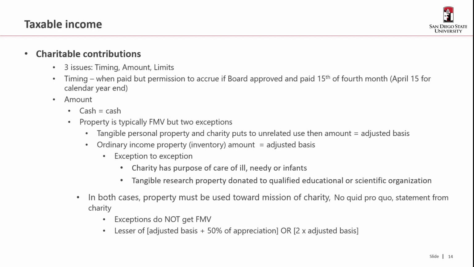So I give it to you, and as a result, you do my research, or I give it to you, and as a result, you promote my products. As long as that's not the case, then they don't get fair market value. Instead, they get the lesser of the adjusted basis plus 50% of the appreciation, or 2 times the adjusted basis.